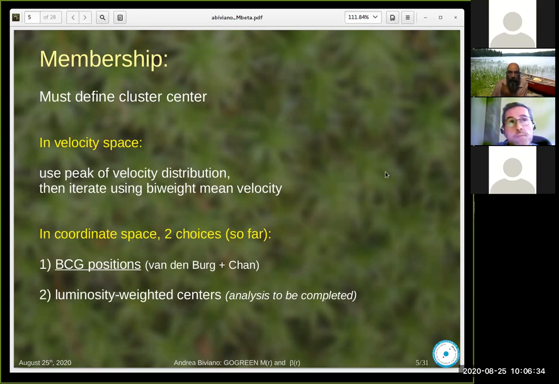One is to use the position of the brightest cluster galaxy. It's not always an obvious choice, but Remco and Jeffrey worked a lot on that, and we think we have the correct BCG. And we're also investigating the alternative of using luminosity weighted centers, but this analysis is still ongoing. So what I'm going to present is based on the BCG centering.